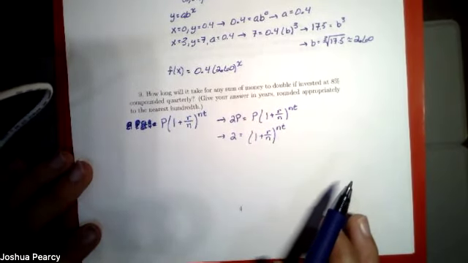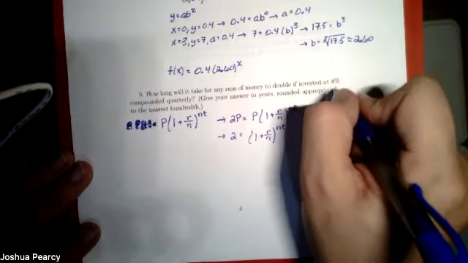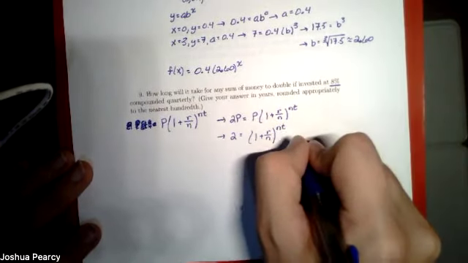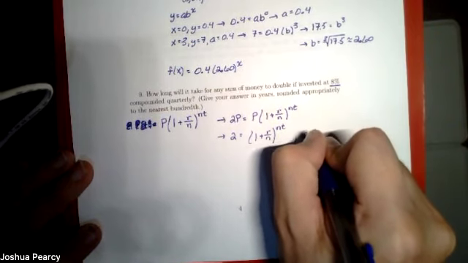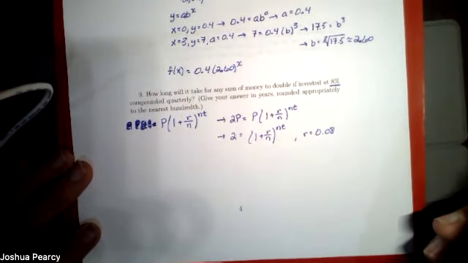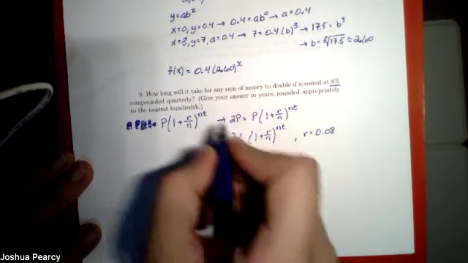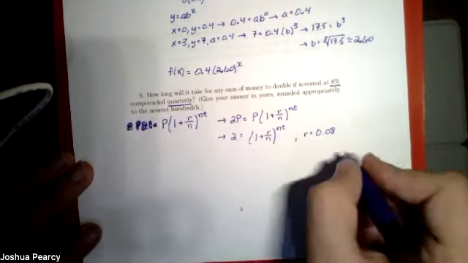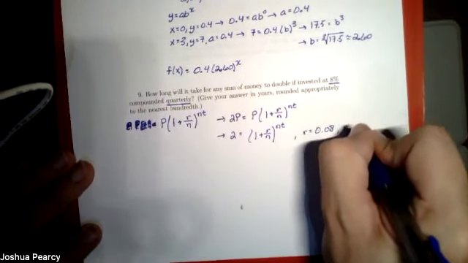Now we already know a couple of things. We know the interest rate is 8%, so r is 0.08. And we know how often it compounds: quarterly, so n is 4.